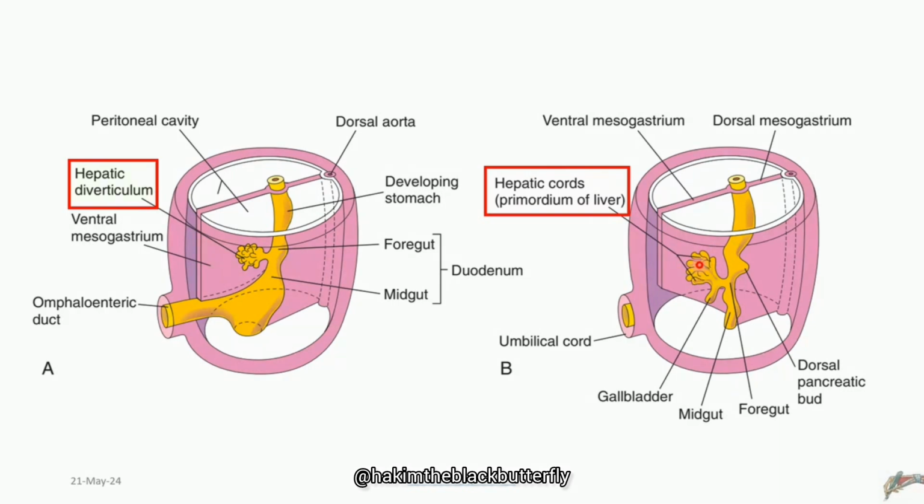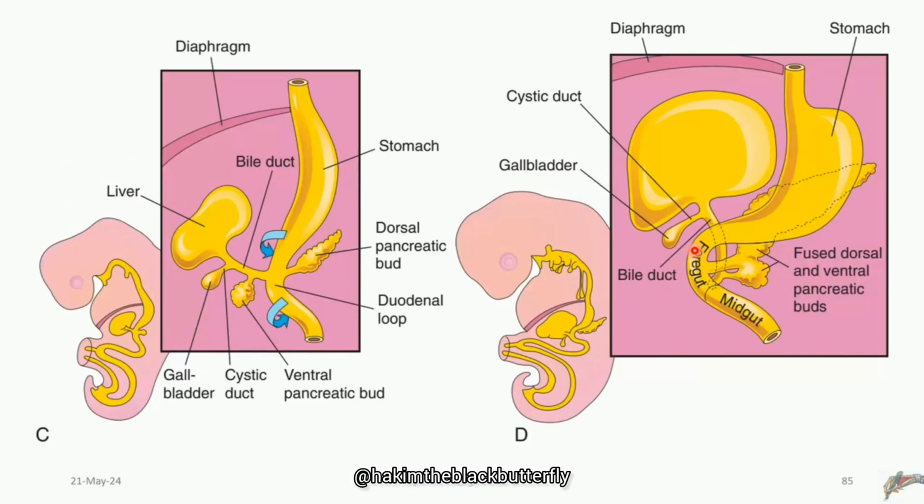But also we said the connective tissue components of the liver are going to come from the surrounding mesodermal tissue, which we called the septum transversum, so that we can form our liver.